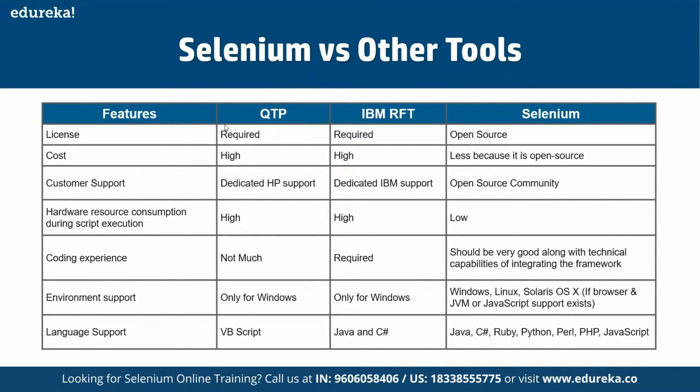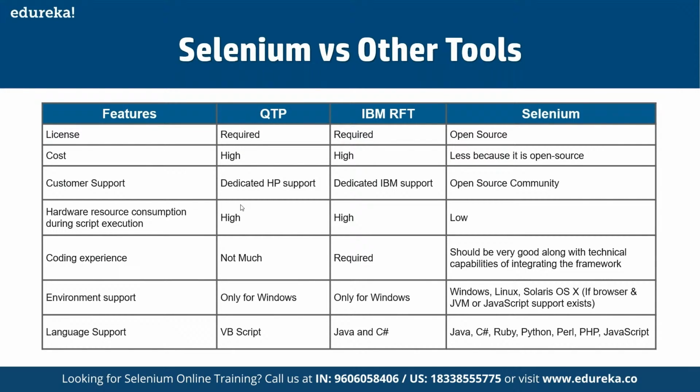And then in terms of cost, since these are enterprise applications having dedicated support, it is costlier. And again, we have dedicated support for IBM and for QTP as well. And since they are large-scale enterprise solutions, they require a good amount of hardware as well.